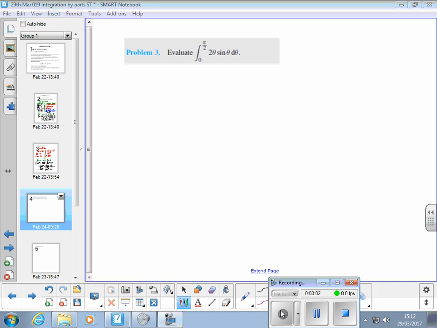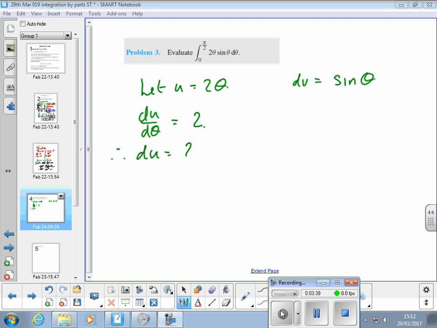We've got 2 theta sine theta. So if we let u equal 2 theta and dv equal sine theta. Differentiating, du by d theta is 2, therefore du is equal to 2 d theta. That's that side.